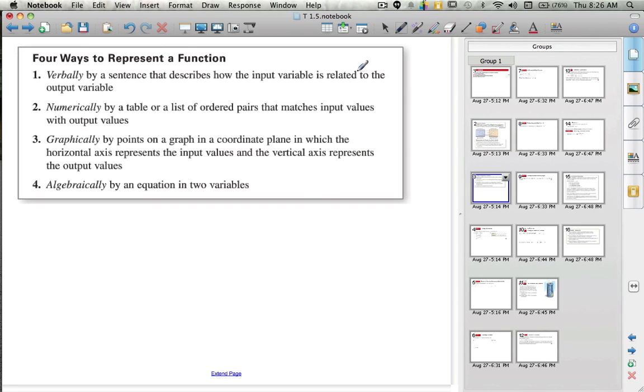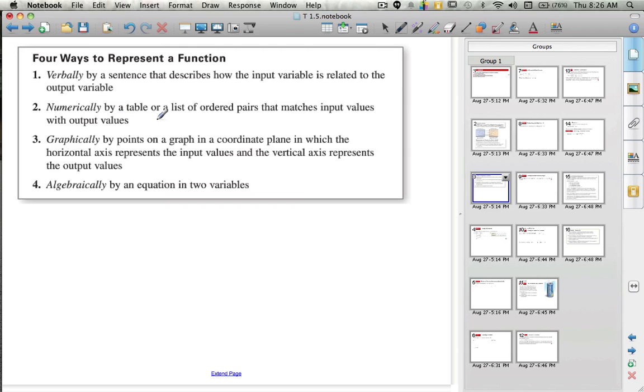Okay, there are 4 primary ways to represent a function. We can verbally describe how the input variable is related to the output variable. For instance, I could say for every value of x, the output would be x squared and divided by 2. That would be describing it verbally.